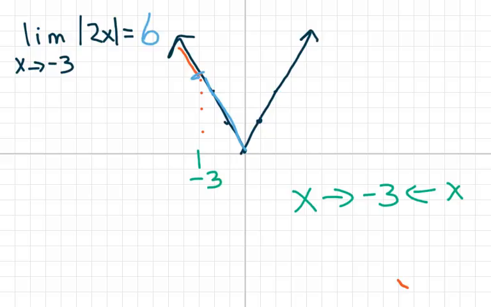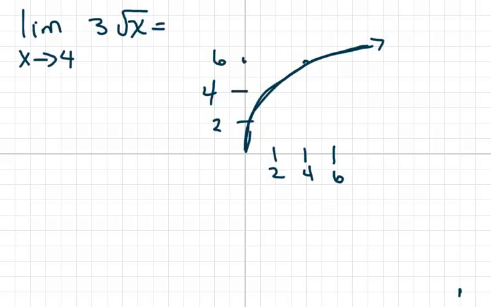So our limit is 6. We have a square root function that's been amplified by a factor of 3, and we're looking at the limit as x approaches 4. And it's pretty clear that our limit is 6. Again, you're supposed to approach from this side, and then you're also approaching from above the point. So that's the point.